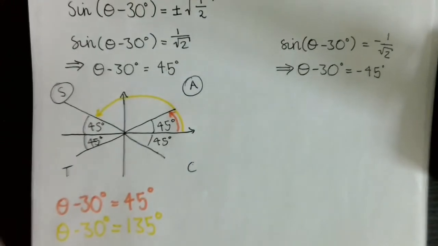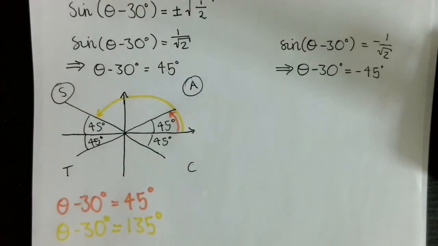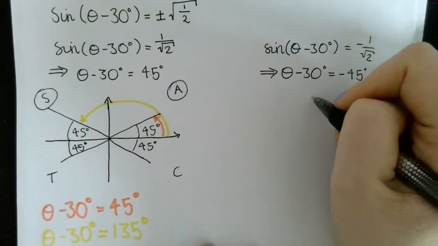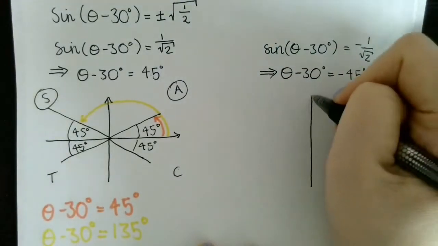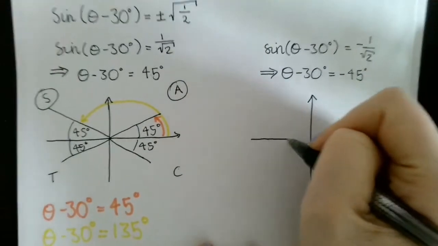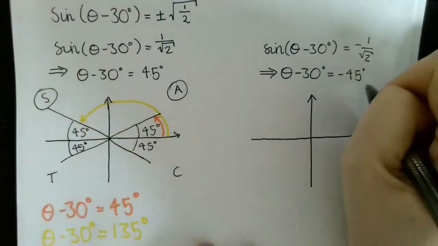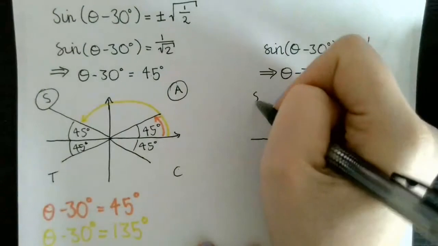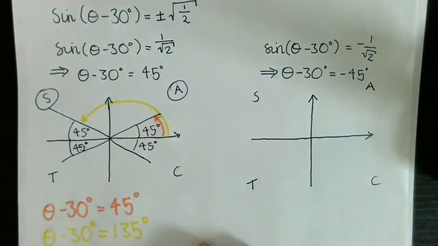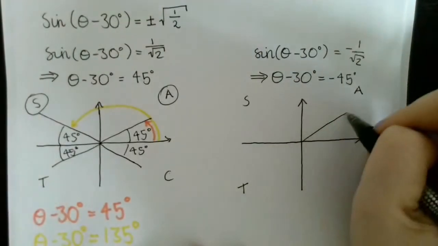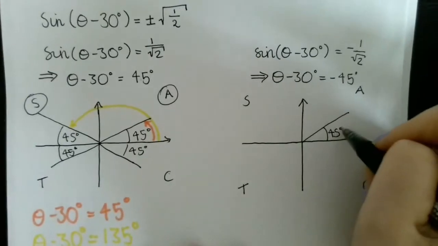Now for the negative values, so again we've got our CAST diagram. We're making an angle of 45 with the horizontal.